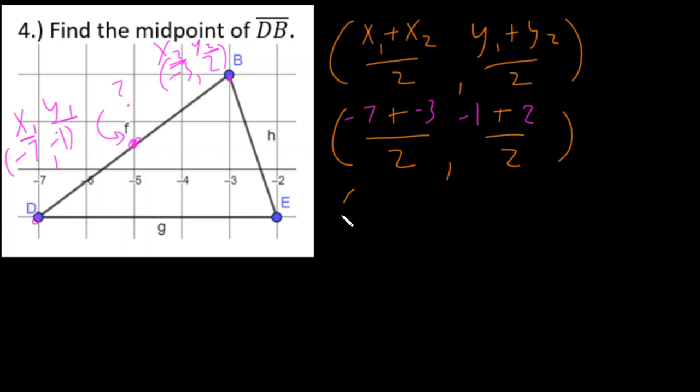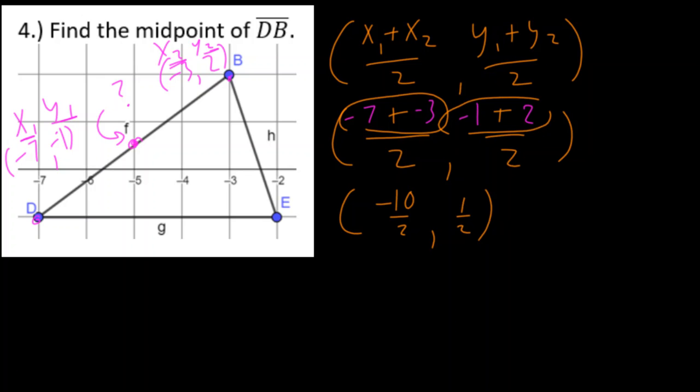Okay, so moving forward, what does this look like? Well, we have negative 7 plus negative 3, which will give us negative 10 over 2. We have negative 1 plus 2, which will give us 1 over 2. And guys, from here, this is fairly simple. We know that negative 10 divided by 2 will be negative 5, comma, 1/2.